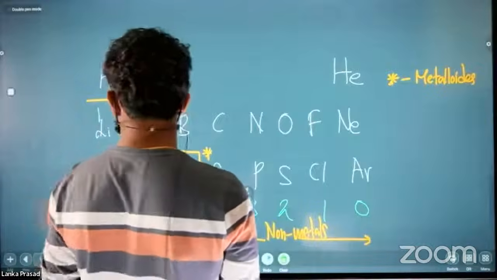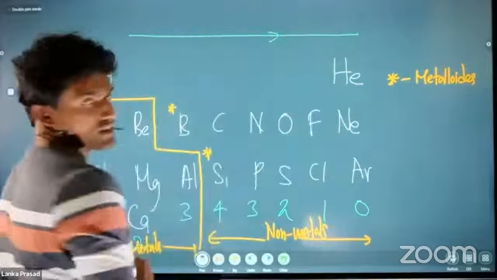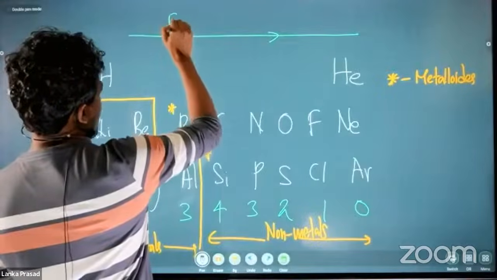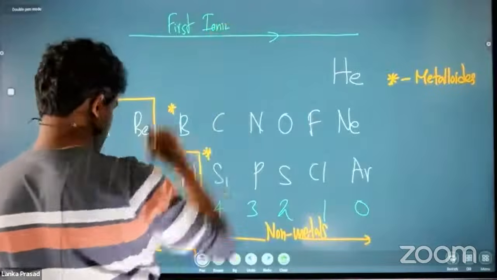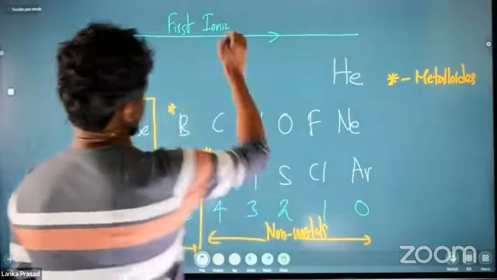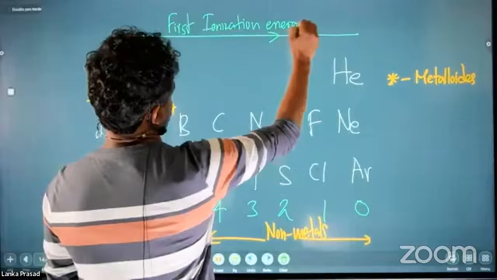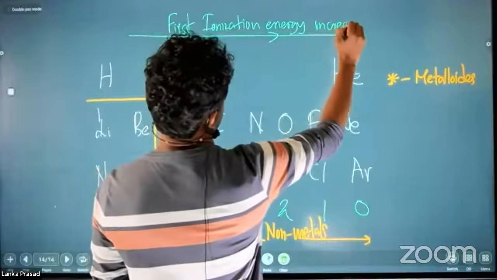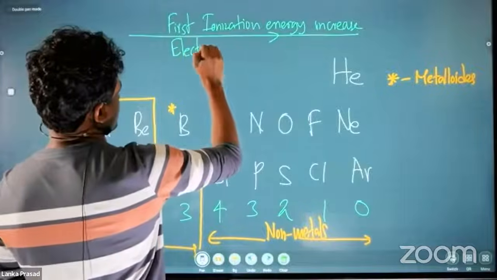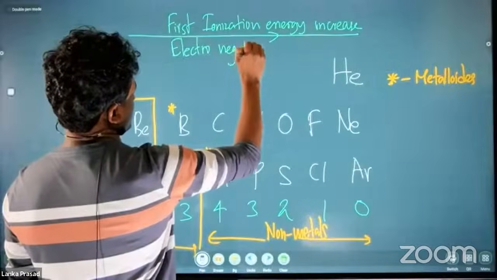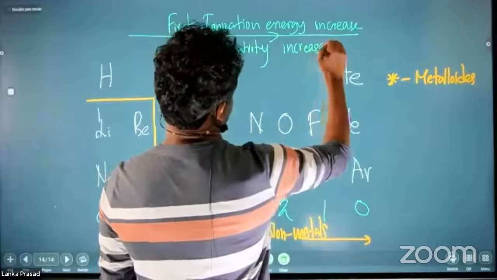When you go from left to right, first ionization energy increases, and electronegativity also increases.